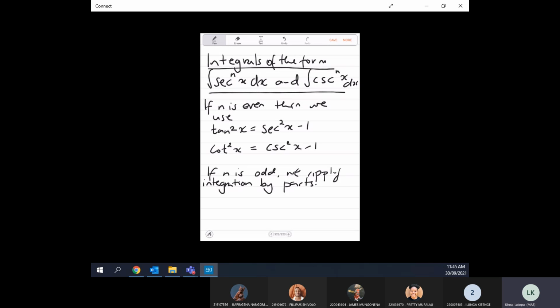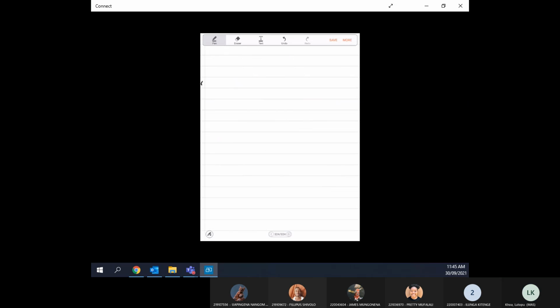Okay, so we look at some examples which are not that different from how we've been solving the others so far. When we have the integral of sec to the power of 4 of x dx, what we do is we can rewrite it as sec squared x times sec squared x.